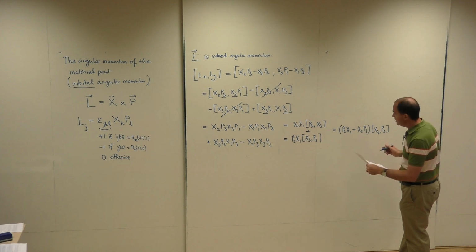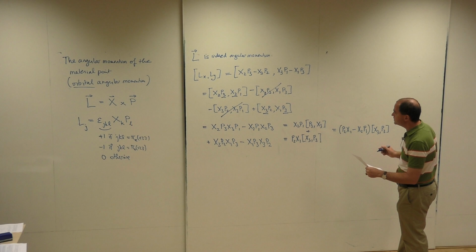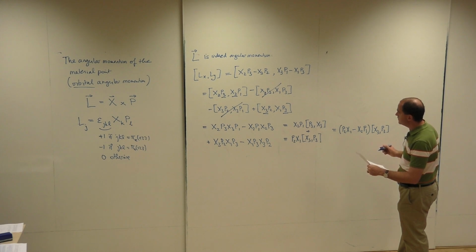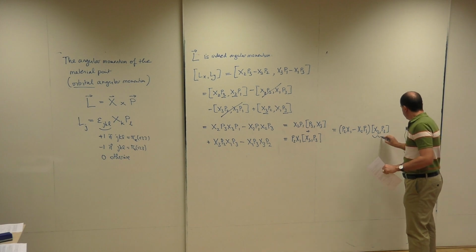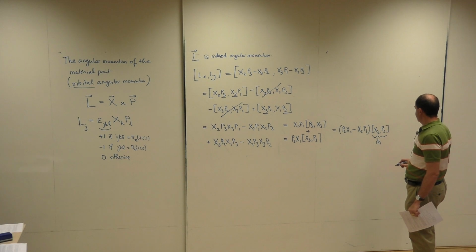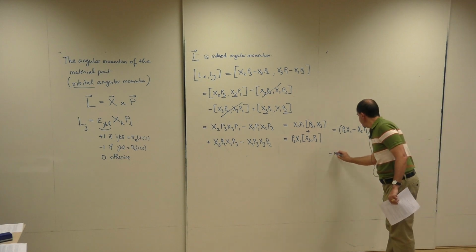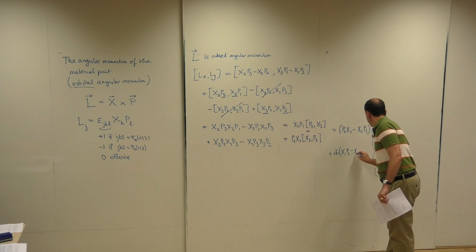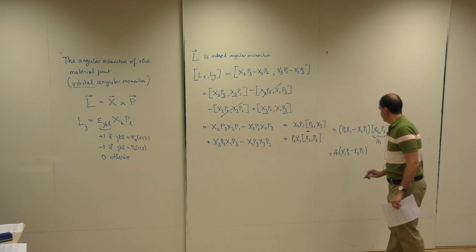Sorry, I've made some strange mistake somewhere. I don't know what I'm doing here. I copied something wrongly, probably. No, sorry, it's correct. This one is i h bar. And so what is this? This is i h bar x1 p2 minus x2 p1.